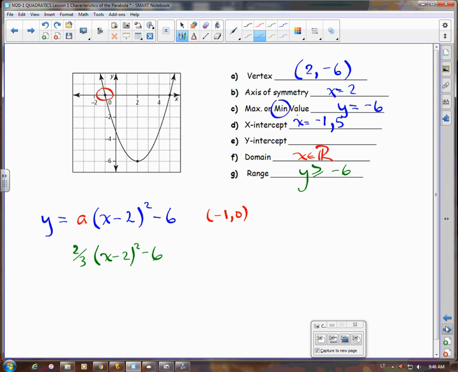So now that we've got this equation, we could actually substitute to find where the y-intercept is. So if you substitute 0, 0 minus 2 is -2. -2 squared is +4. 2/3 of +4 would be, and then you got your fraction there, and then you're going to subtract 6.